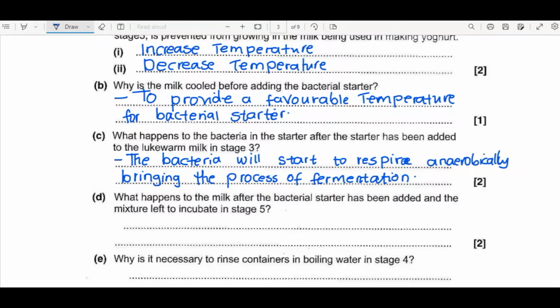Okay, then for D, what happens to the milk? This is the milk after the bacterial starter has been added and the mixture left to incubate in stage 5.